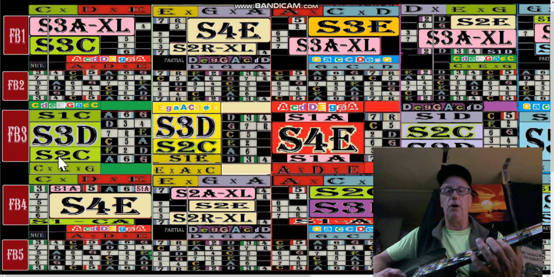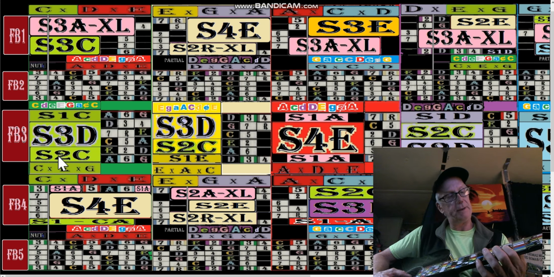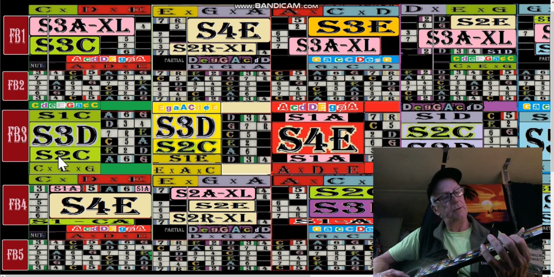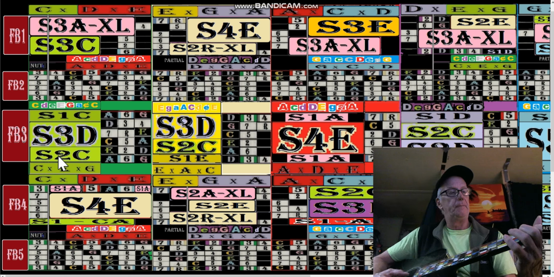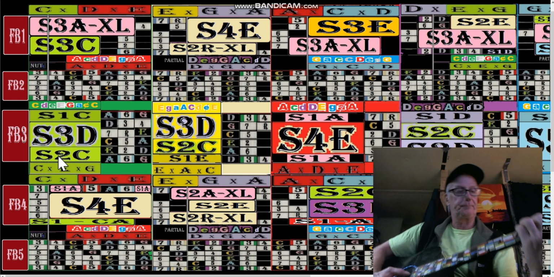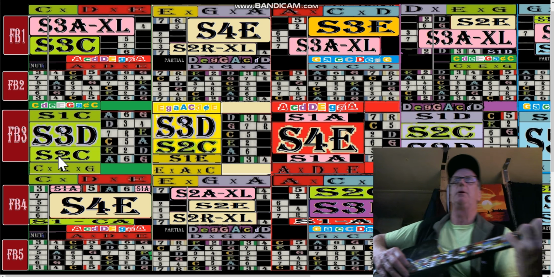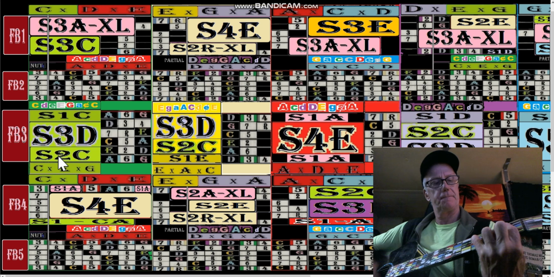Here's your C note. If I want to play it in G, well, G's way up here, so I don't like that. Maybe in B or A. So right there, we'd have to bar the whole thing way down here.